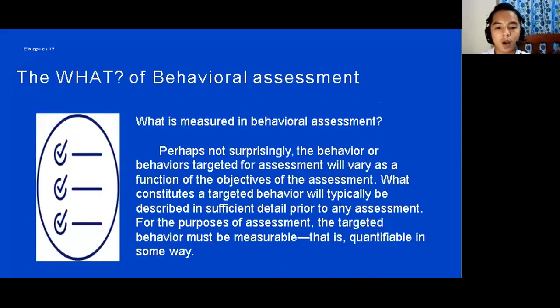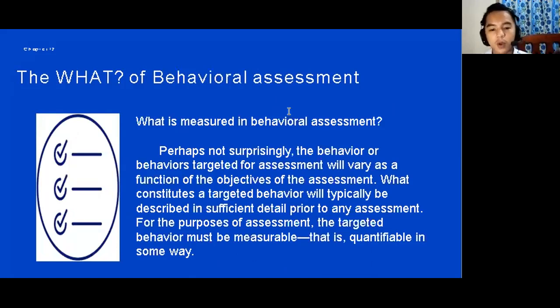Second is the what of behavioral assessment. What is measured in behavioral assessment? Perhaps not surprisingly, the behavior targeted for assessment. So what is measured in behavioral assessment is the behavior itself, and it will vary as a function of the objectives of the assessment.